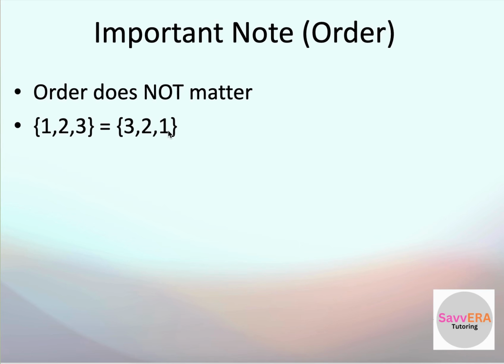Sometimes it's convenient to write in order, like in the last example of divisors, so we can make sure we covered them all, but otherwise it does not matter. For example, if you list the vowels A, I, O, U, it doesn't matter which order you put them in.